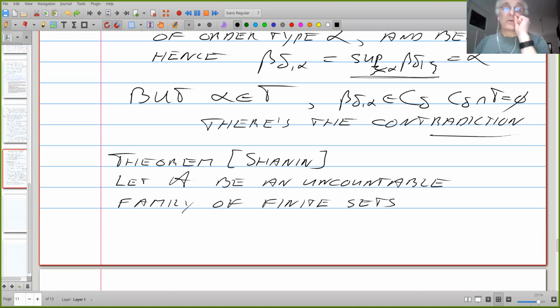Suppose you have an uncountable family of finite sets. And this is part of combinatorics, and combinatoric results tell us that there is always some nice regularity hidden in any big structure. And what is the nice regularity hidden in this structure?